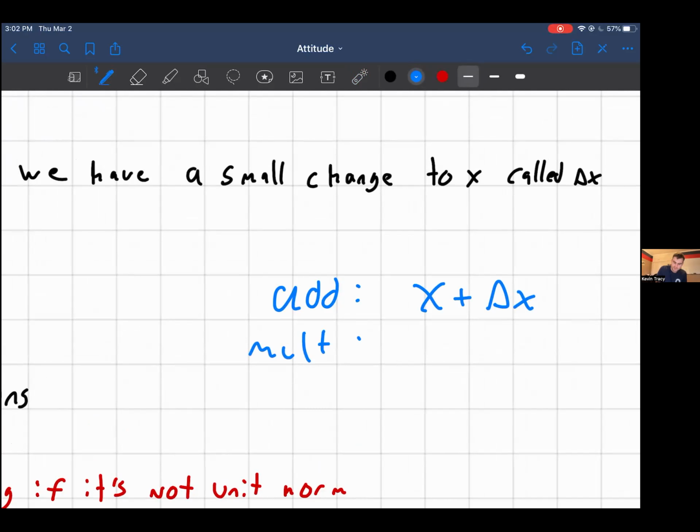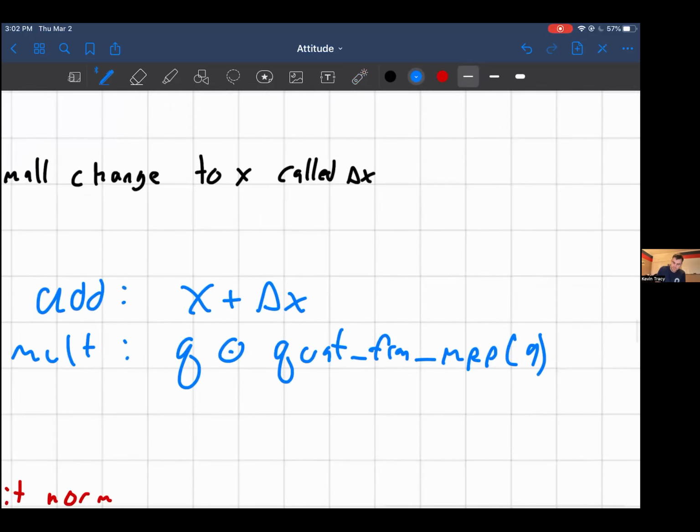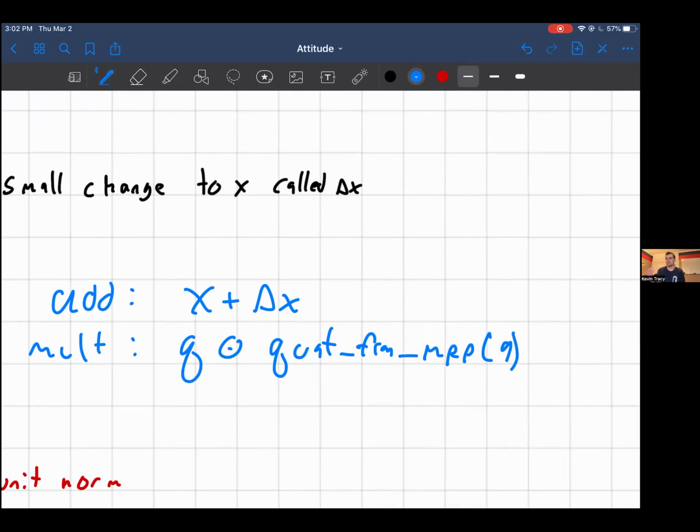Then our multiplicative update is going to be q with quat from MRP G. So now, as opposed to just having a delta and adding it to our existing value, we're going to simply compose rotations.